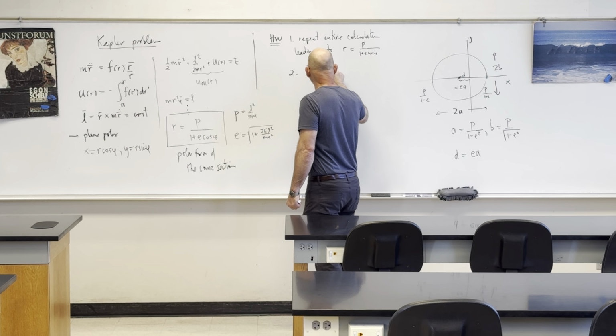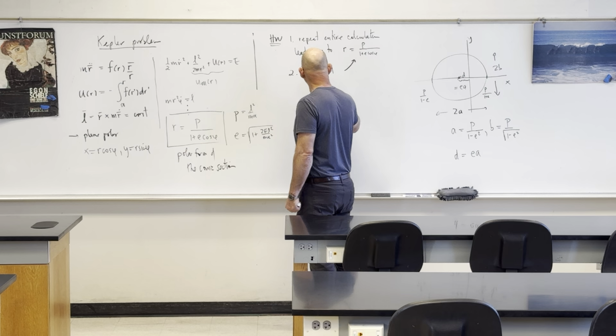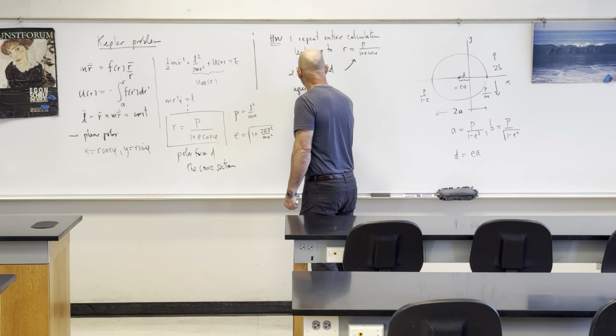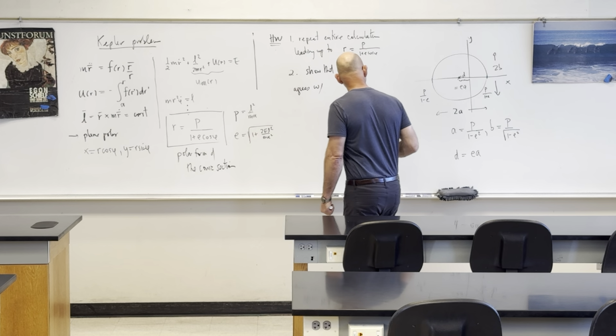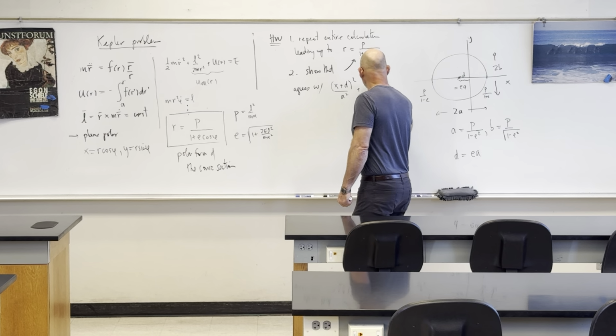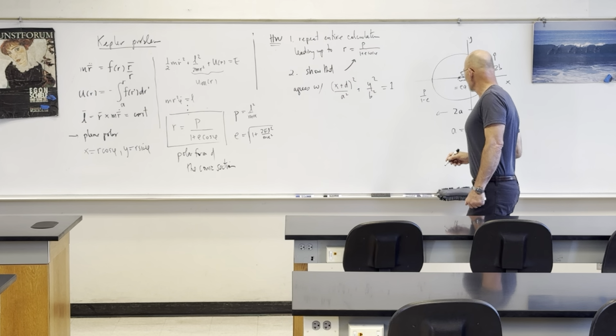show that this polar form of the ellipse agrees with the ellipse that we know, which would be (x plus b) squared over a squared plus y squared over b squared equals 1.